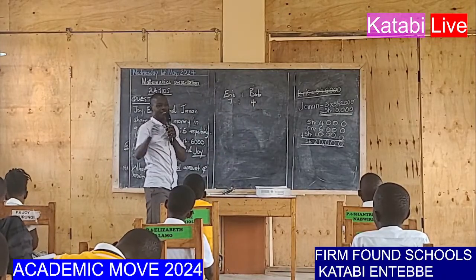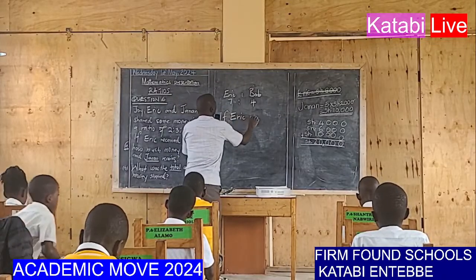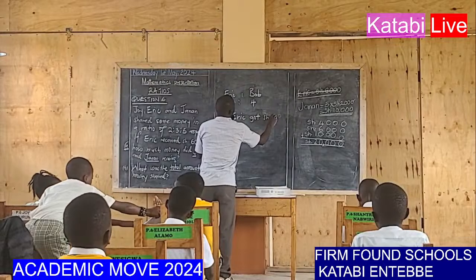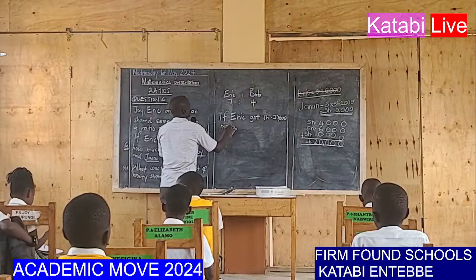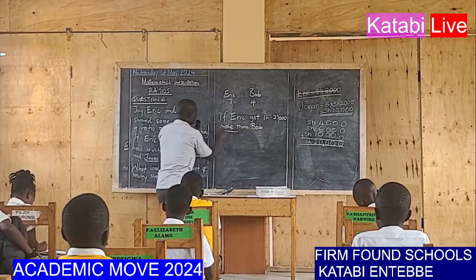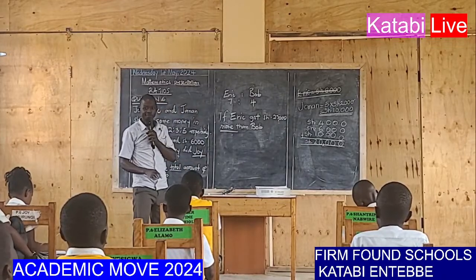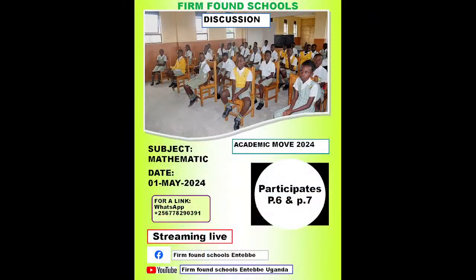If the question says Eric got 27,000 shillings more than Bob, there's the word more. That is when you are going to say difference in ratios, or difference in shares, difference in parts.